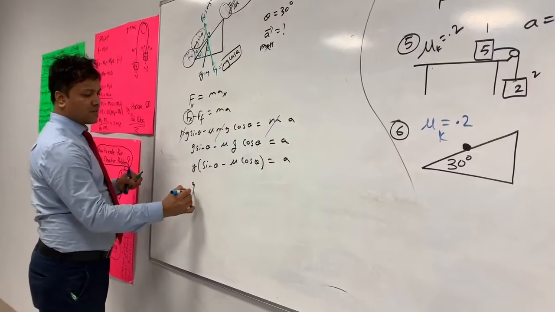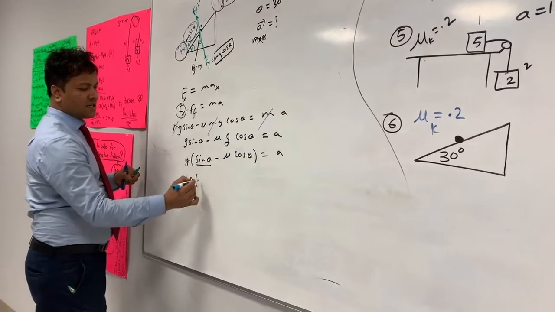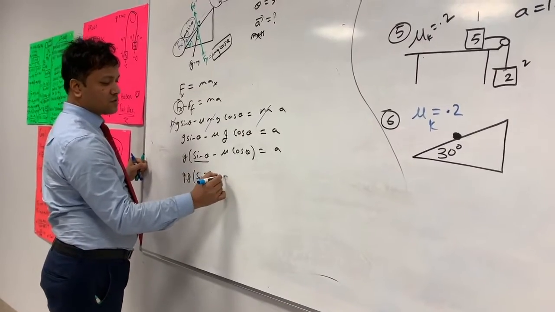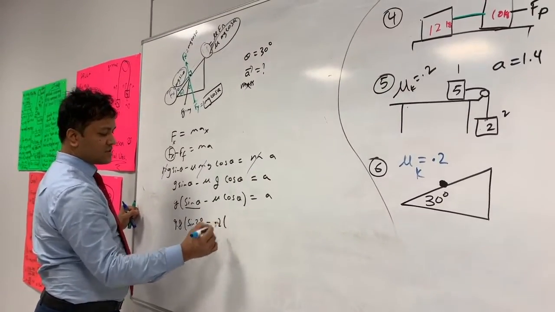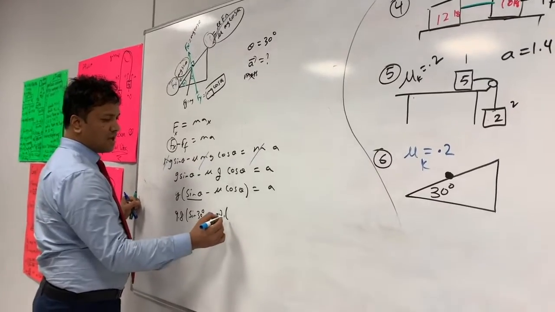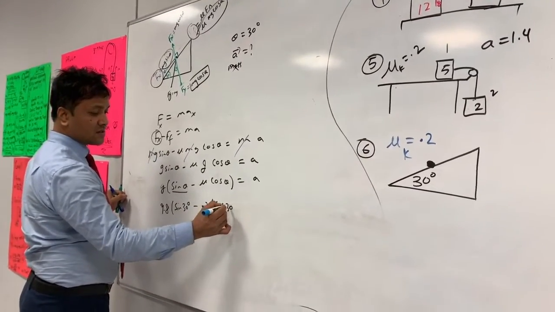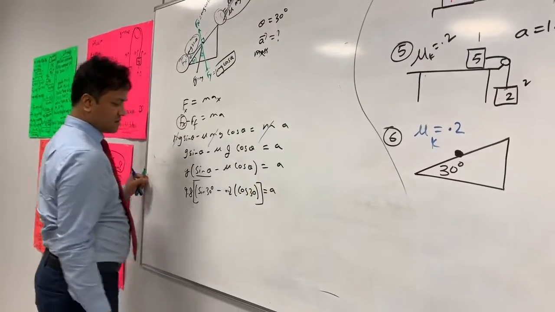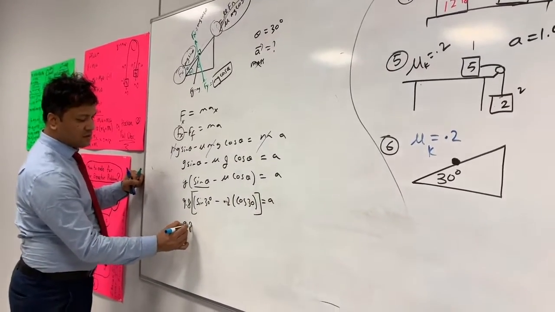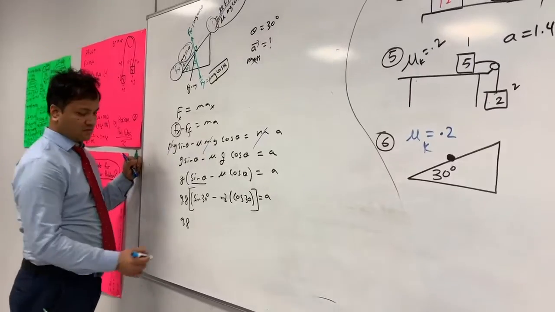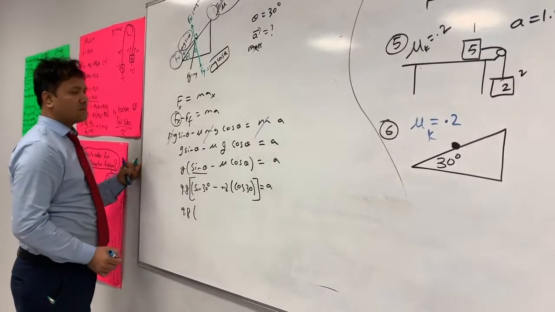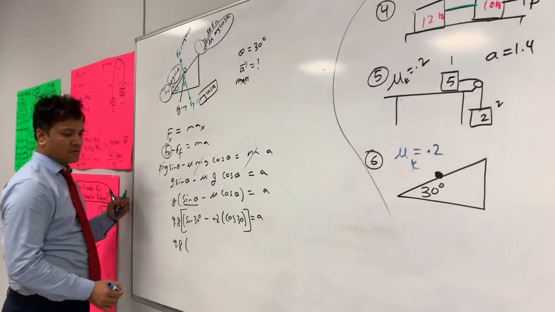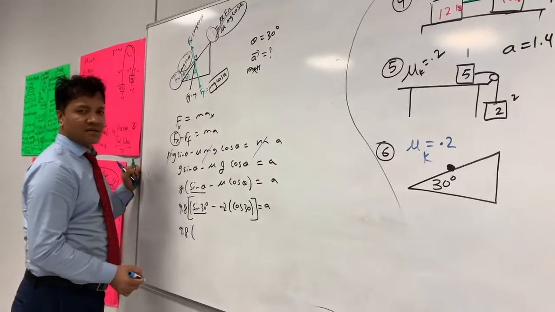So g is 9.8, times sine theta, 30 degrees, minus mu, which is 0.2, times cosine theta, cosine 30 degrees.